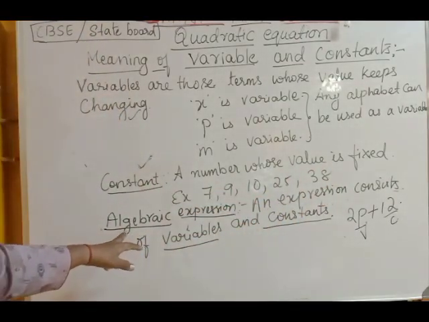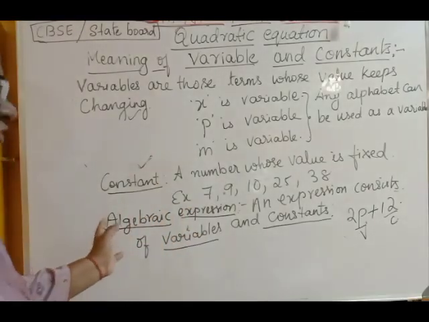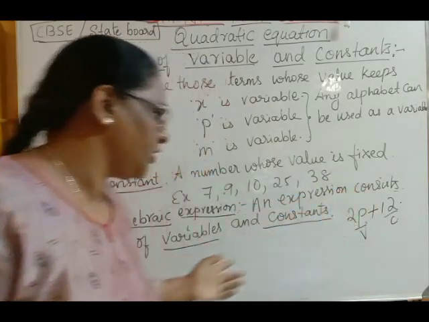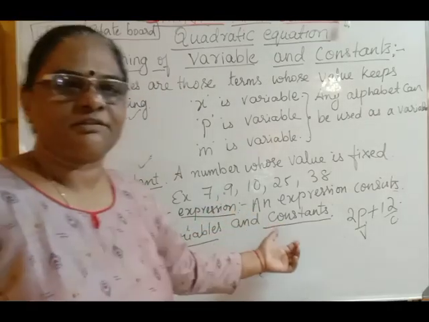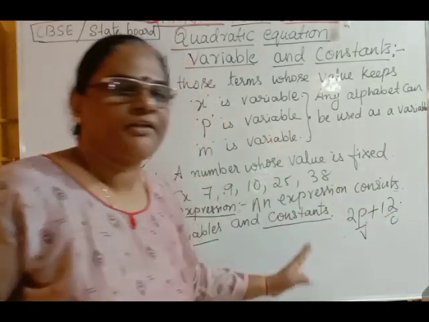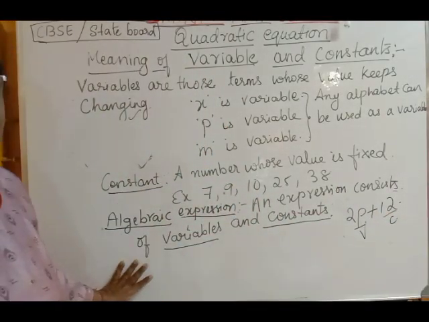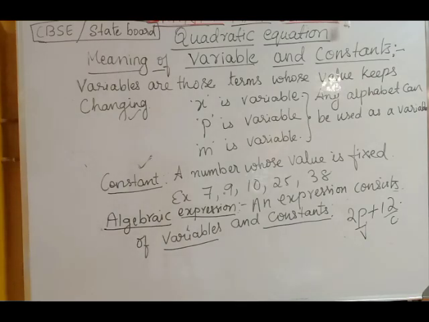Next, the meaning of algebraic expression. An expression consists of a combination of variables and constants. So here you have p as a variable and 12 as a constant. Like that you can give so many examples of this type.